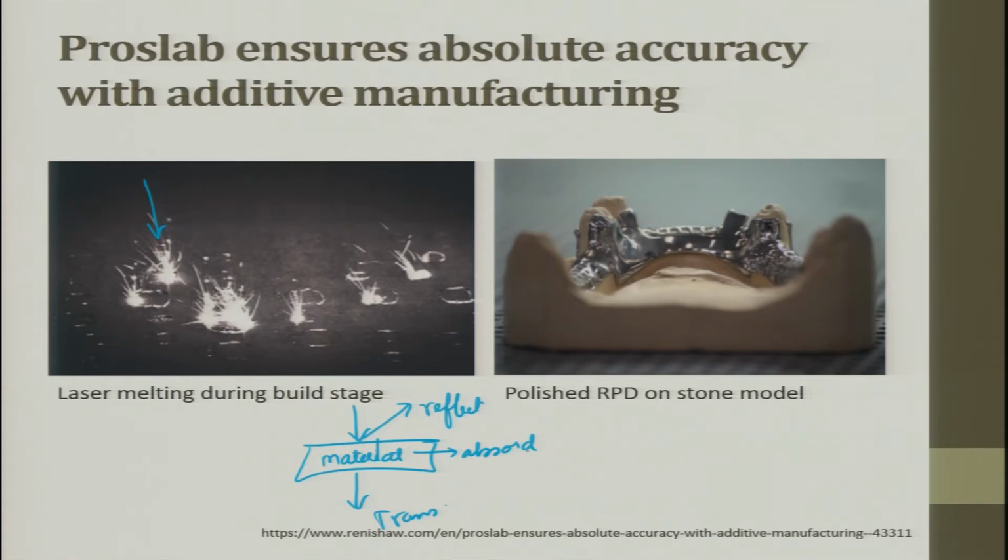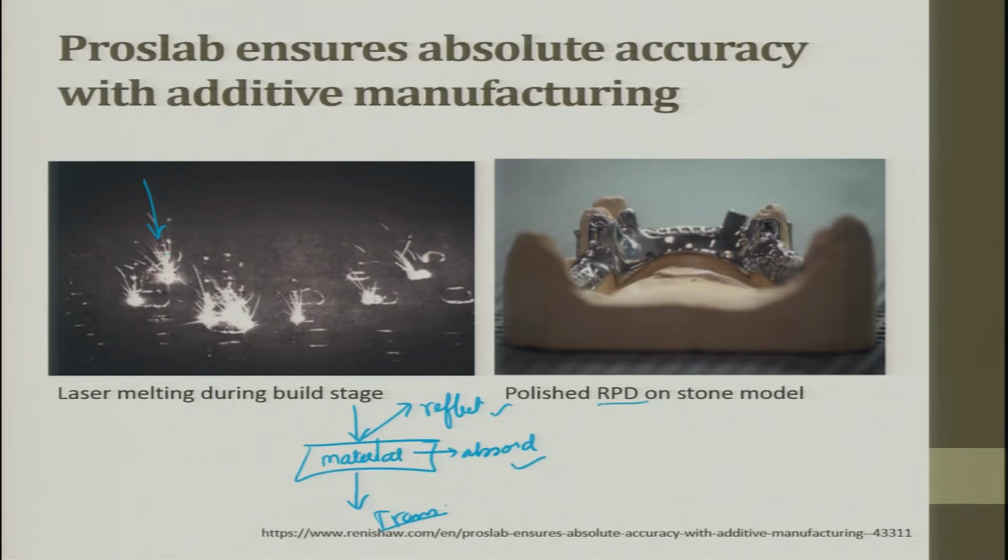When the light reflects, it is this spark you see outside. When it absorbs, it heats and melts, and very rarely it transmits. So here we use these two phenomena to a large extent and we get the required output.